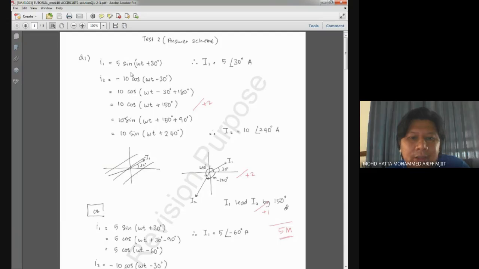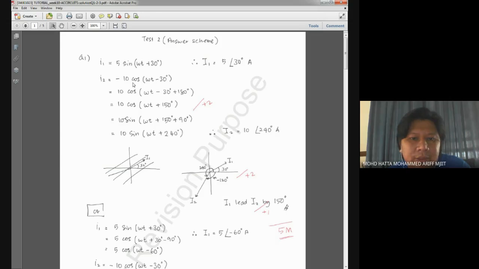The first one, I1, is 5 sine omega t plus 30, and the second one, I2, we convert in terms of sine as well. So for conversion from cosine to sine, you need to be particular with the negative sign at the front of the equation, and also the form of the trigonometric equation available for I2.